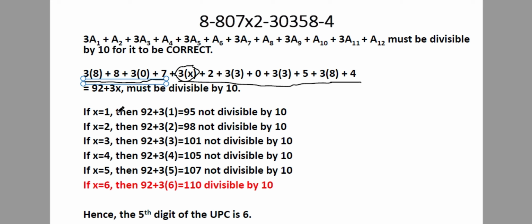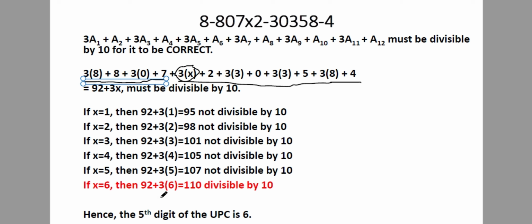Okay, so we have these cases. If x equals 1, then this is 95, which is not divisible by 10. If x equals 2, then we have 98. Again, not divisible by 10, and so on. If x is 5, again, it's not divisible by 10. But if x is 6, then we have 110, which is now divisible by 10.